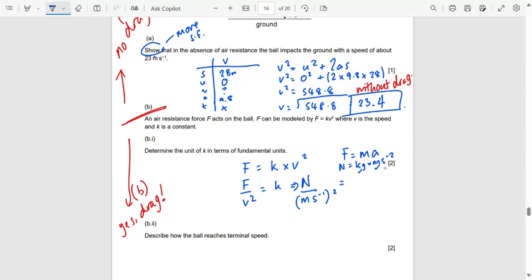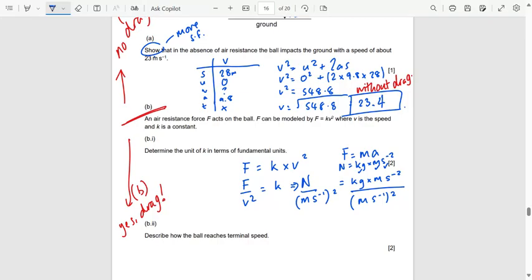Meters, SI. Seconds, SI. So if I can represent newtons in kilograms meters per second squared, and then divide it by meters per second all squared, I will be able to get it into SI.